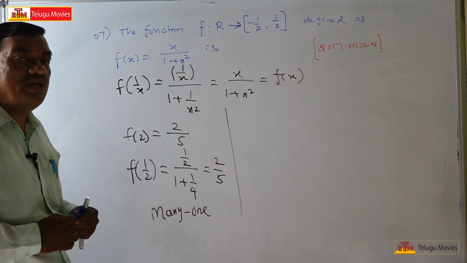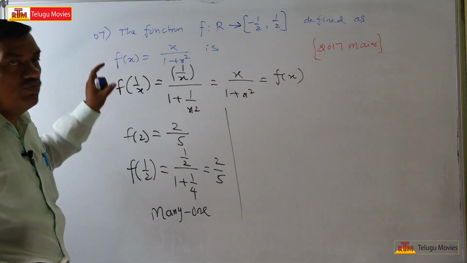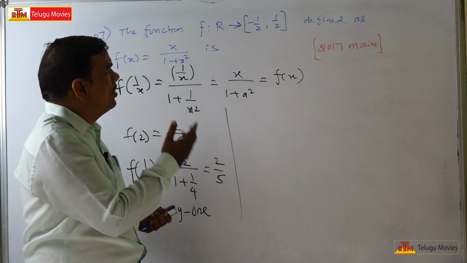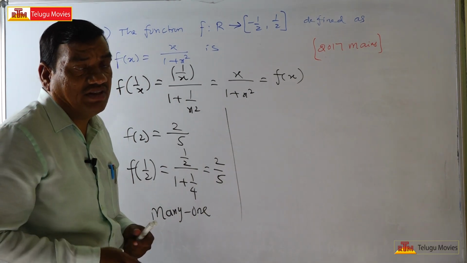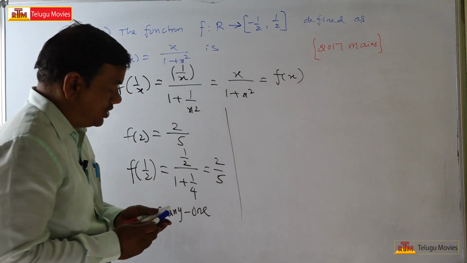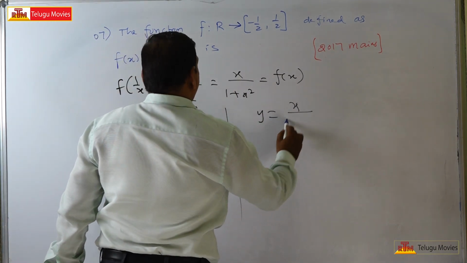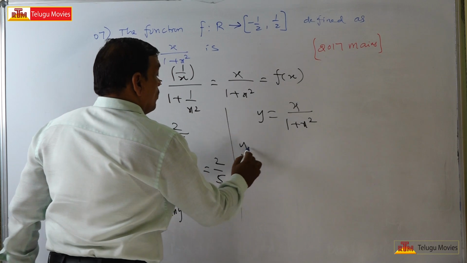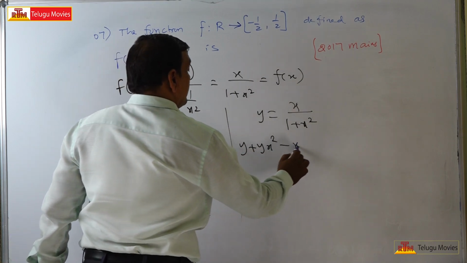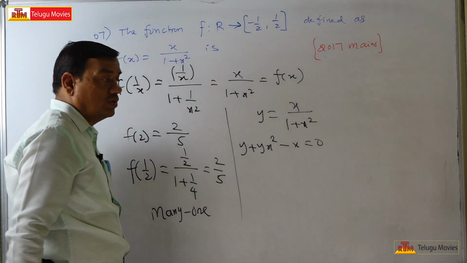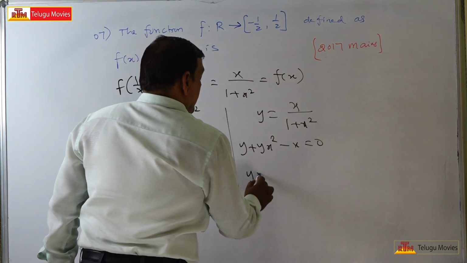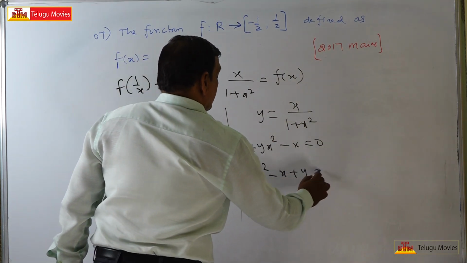Understand? So there are certain functions which we can judge by observation. Now to check whether it is onto or not, the procedure is: let y is equal to x upon 1 plus x square. Then y plus yx square minus x is equal to 0, so yx square minus x plus y is equal to 0.